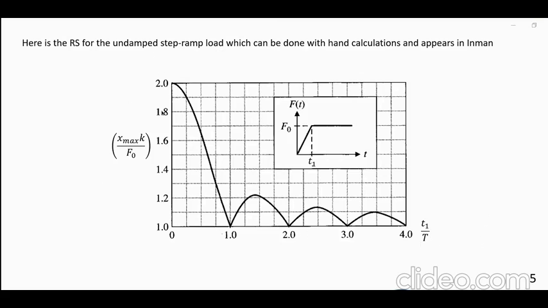So you have the maximum deflection, normalized of course, versus something related to omega n. And this T1 is actually how fast this is risen. So this is going to be very useful as long as we are interested in x max. This is one way of doing it.